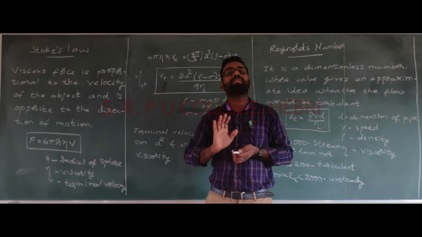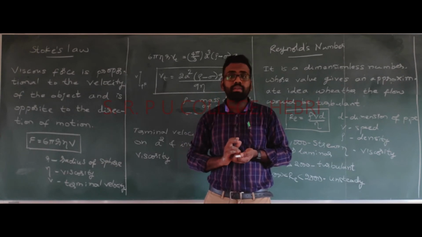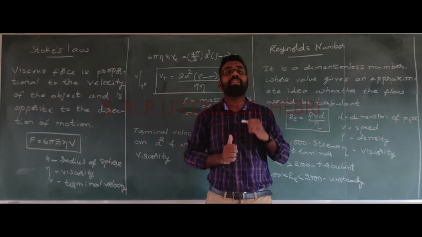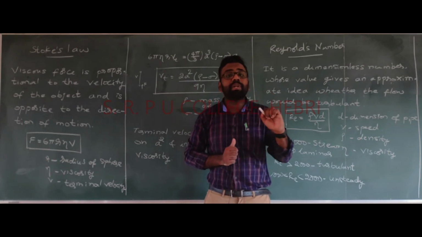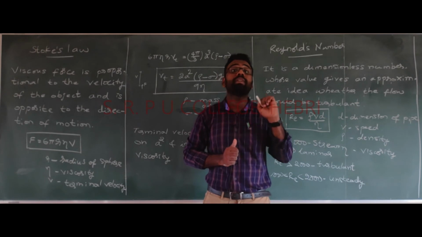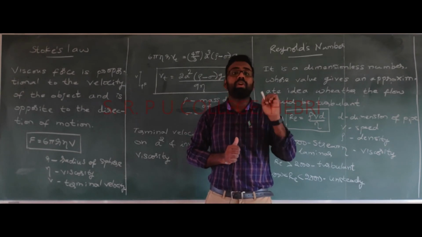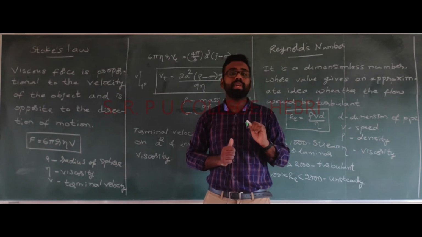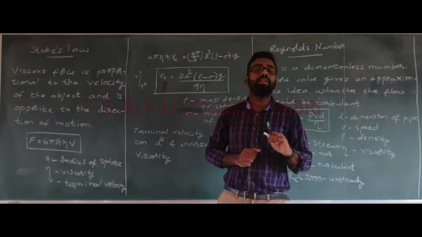Acceleration becomes 0. Then the object moves down with a constant velocity. That particular velocity is known as terminal velocity, the velocity of an object in equilibrium.